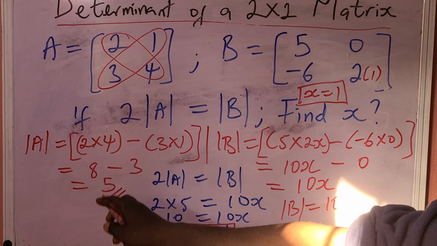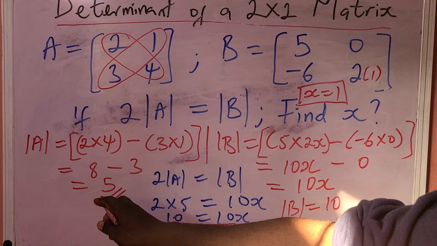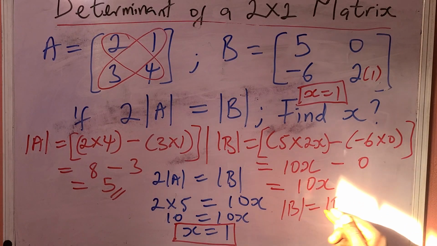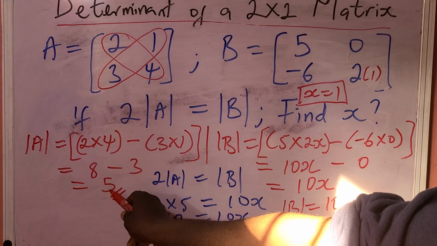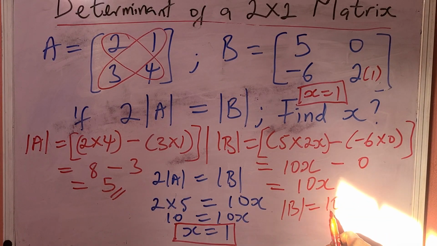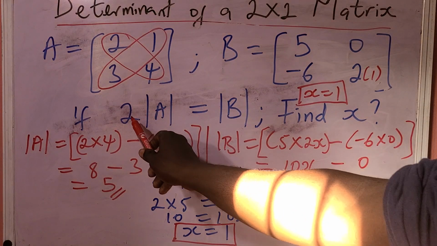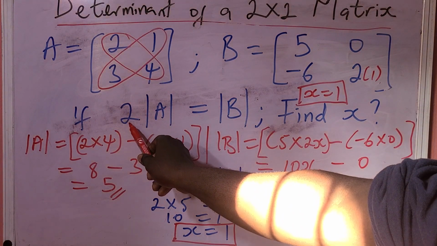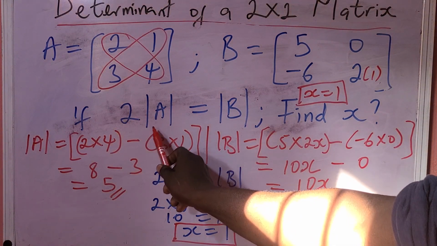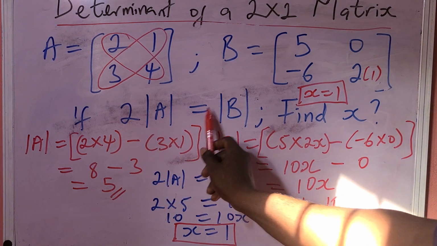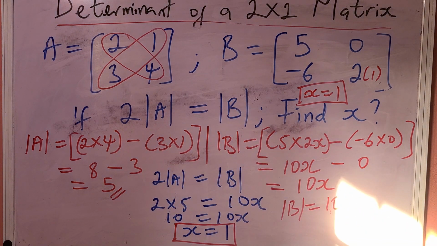And we have gotten our determinant for A to be 5. Obviously, looking at this, determinant of A as 5, determinant of B as 10, it confirms the condition that 2 of the determinant of A equals 1 of the determinant of B. Therefore, we can confirm that our answer is very correct.